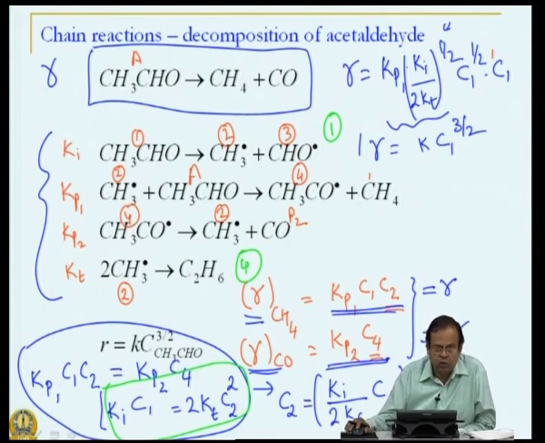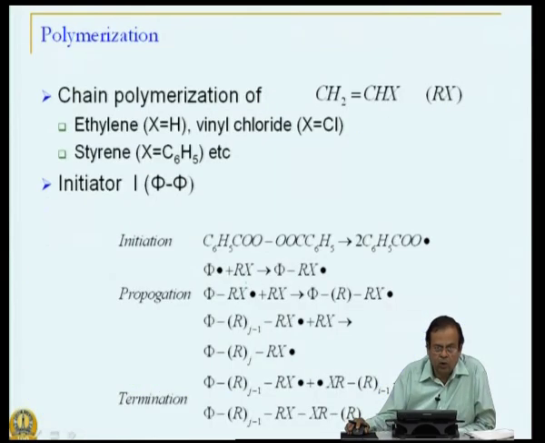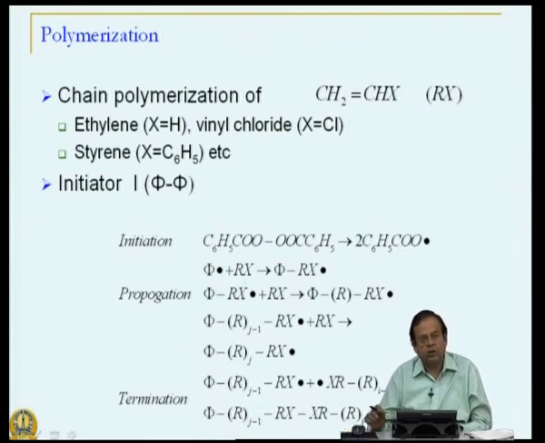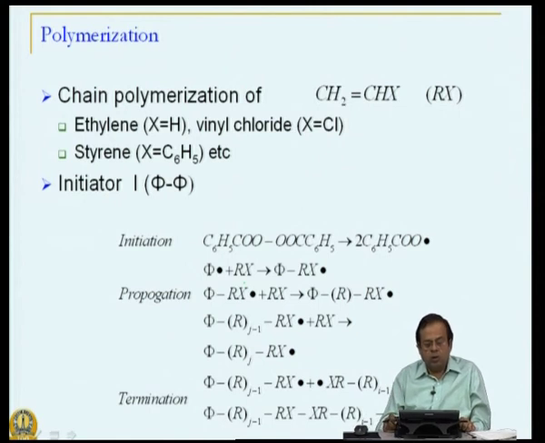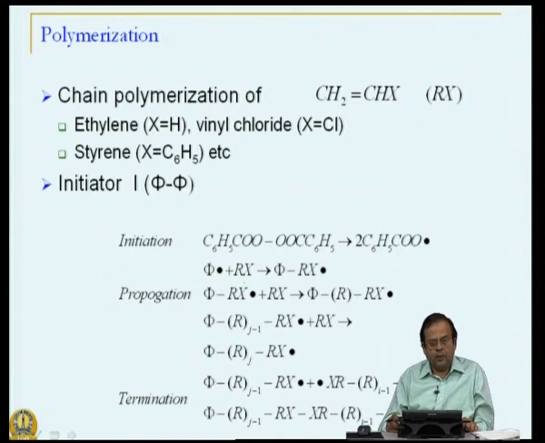I will quickly go through a second example, polymerization reaction and particularly chain polymerization, because as you would know, polymerization reactions are of several types: condensation polymerization, addition polymerization and so on.